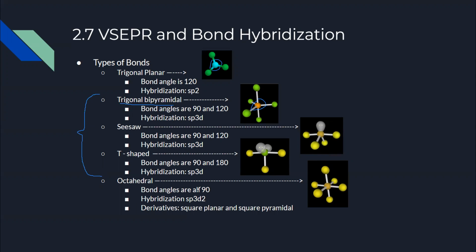Lastly, you have octahedral, where the bond angles are all 90 degrees, as shown over here. The hybridization is sp3d2, and it has some derivatives such as square planar and square pyramidal.